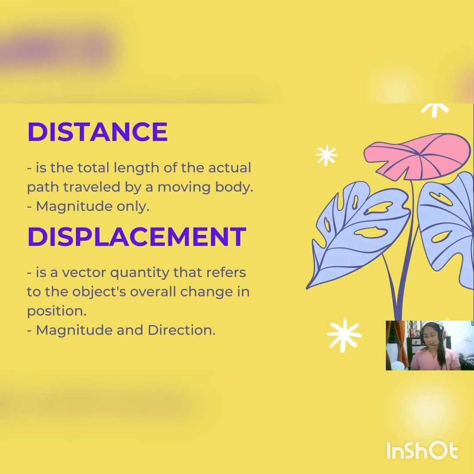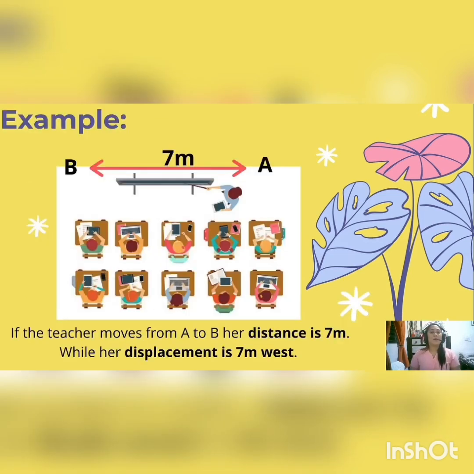Let us have an example. This is an actual classroom setup, whereas a teacher is standing at the front of the student. If the teacher walks from point A to point B with a length of 7 meters, then it will be referred to as her distance. Why?